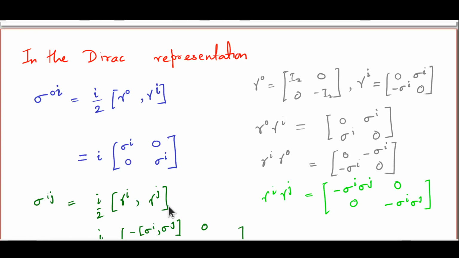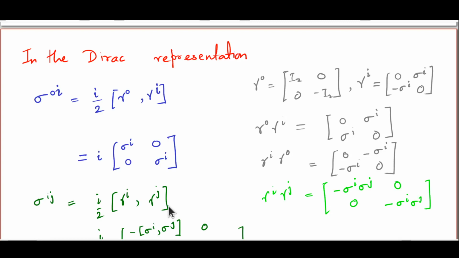So that the commutator, after you multiply it by i/2, simply becomes i times a block diagonal matrix with σ^i sitting on the two diagonal positions. So you have (σ^i, 0; 0, σ^i), reminding you once again that these are actually 4 by 4 matrices which have been written in the form of 2 by 2 blocks.